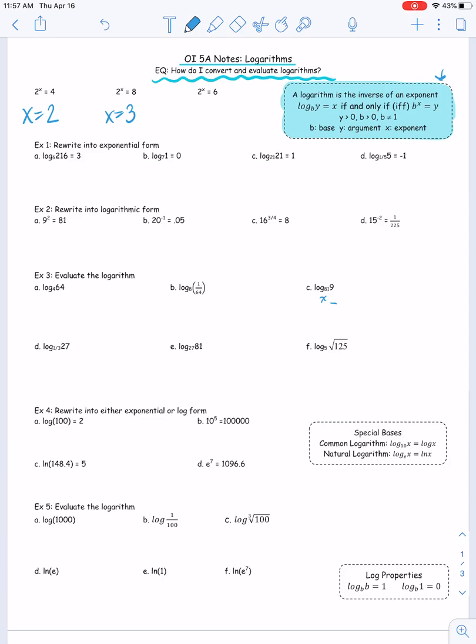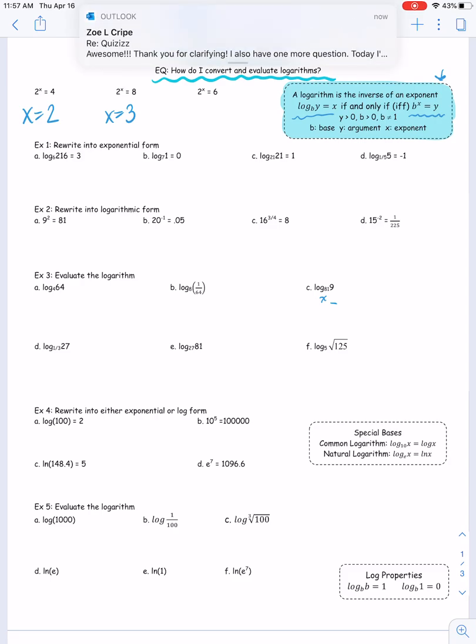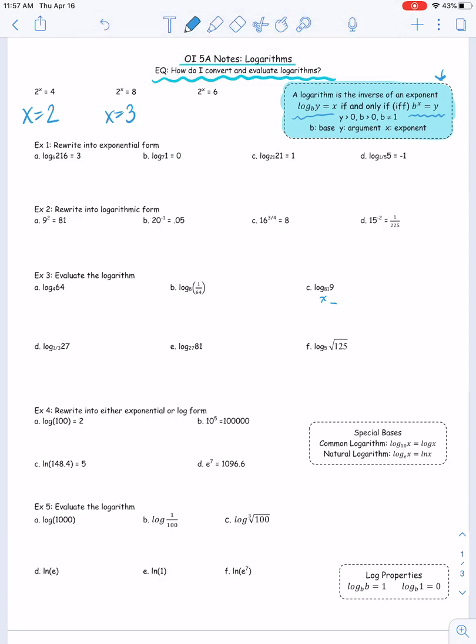We call that y value our argument. So if I'm converting from this exponential function into our logarithmic function, notice where the value of our base is, notice where the value of our x is, and notice where the value of that y is, that argument.